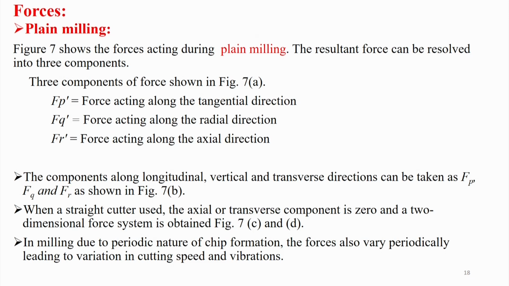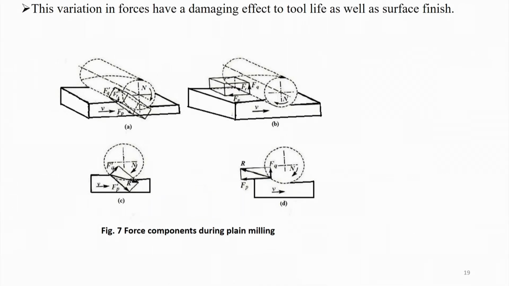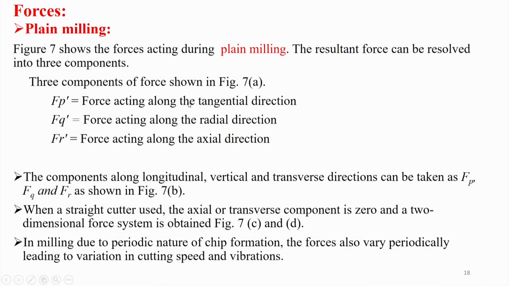Now, let us discuss forces. We are seeing that there are some forces acting. These will be denoted as a force acting along the tangential direction, then force acting along the radial direction, then force acting along the axial direction, and these components along longitudinal, vertical and transverse directions can be taken as FP, FQ and FR.